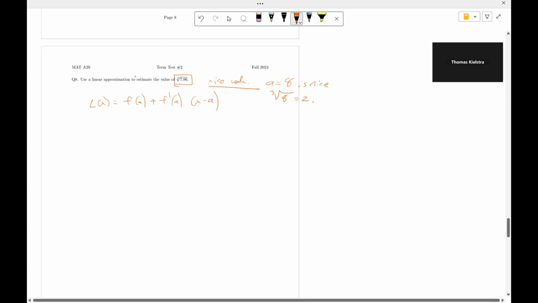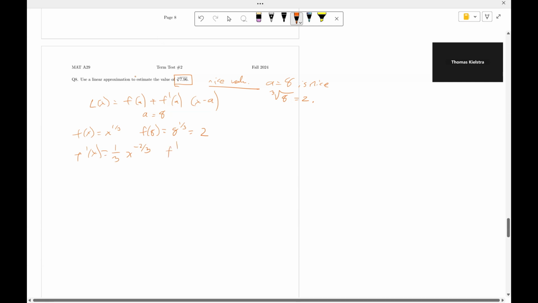So f of x equals x to the 1/3. A equals 8. F of 8 equals 8 to the 1/3, which equals 2. Now f prime of x equals 1 over 3 x to the minus 2/3.